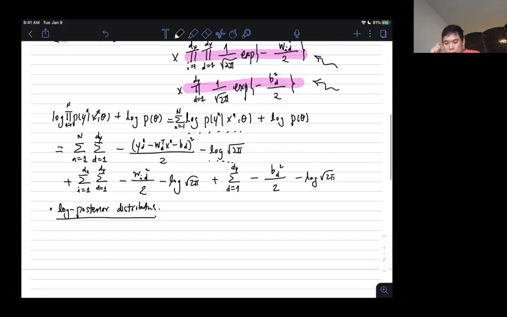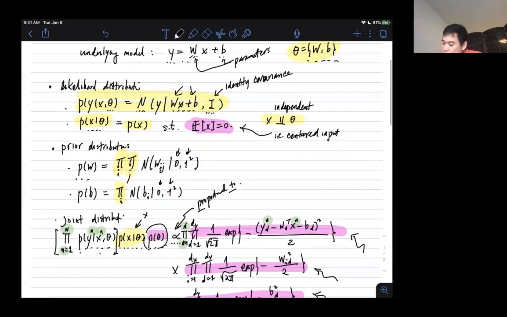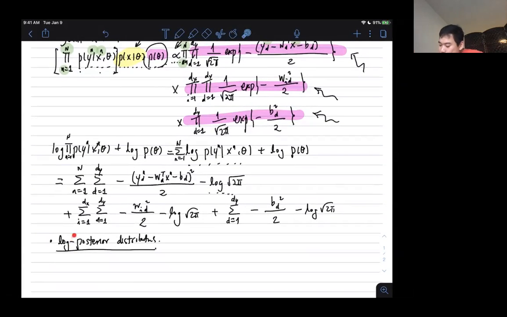Yes, there is a very good question. Adam asked why we're leaving the P of X given theta out. If you remember, P of X given theta is simply P of X, which doesn't depend on theta. So when we look at the log posterior distribution, log of P of theta given beta, it really doesn't care about P of X alone.